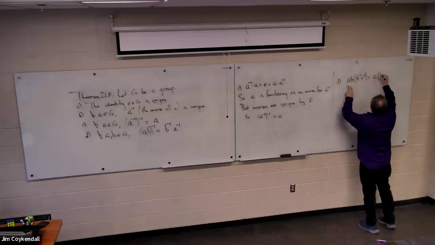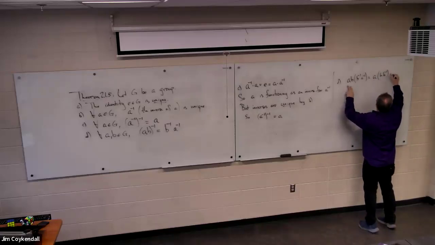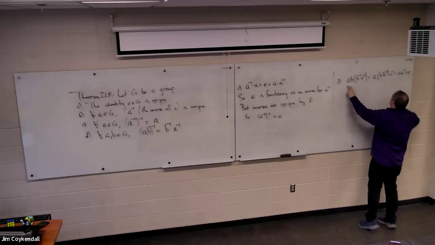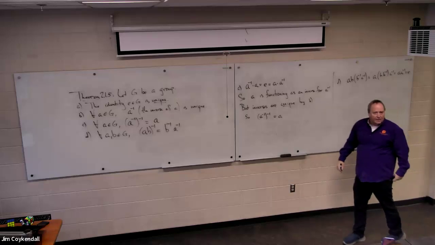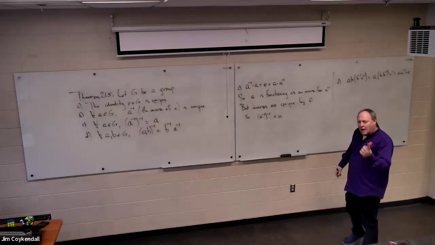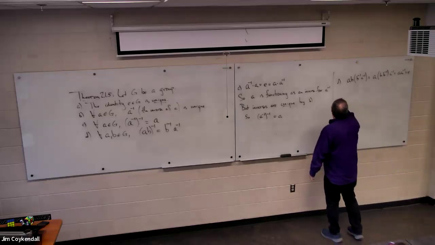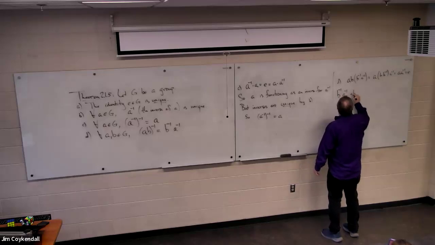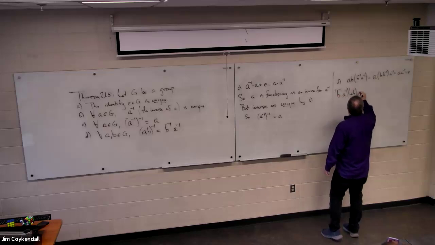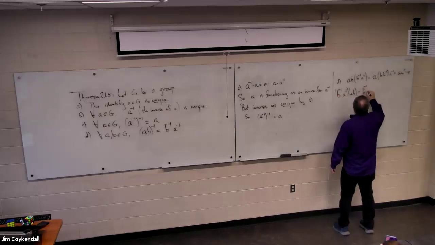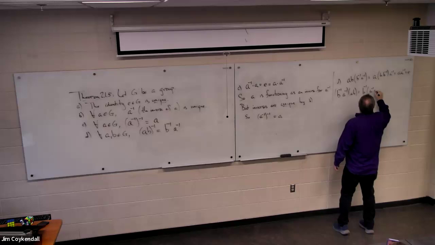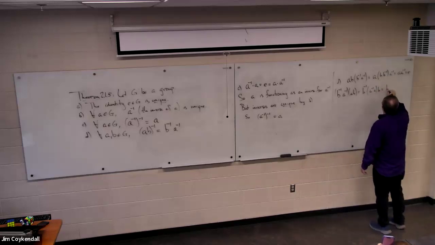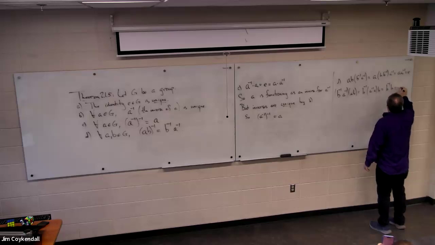Well, this is A B inverse A inverse, which is A A inverse, which equals E. Everybody okay with it? On the other hand, B inverse A inverse times AB is B inverse A inverse A B, which is B inverse B, which is E.